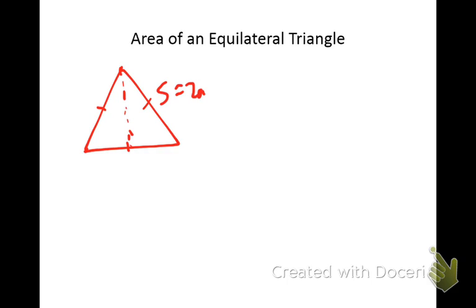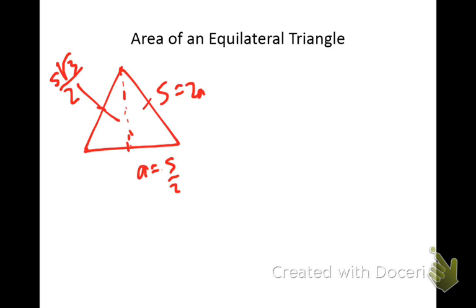To find the area of an equilateral triangle, which is what we could have done last time, we take an equilateral triangle with side length S. This is equal to 2A, so A equals S over 2, and the height would be A radical 3, so the height is S radical 3 over 2.